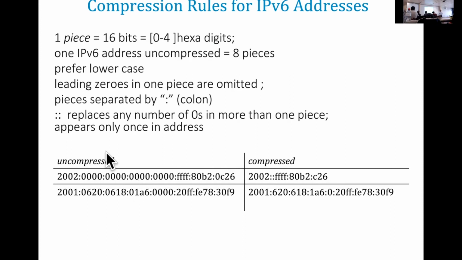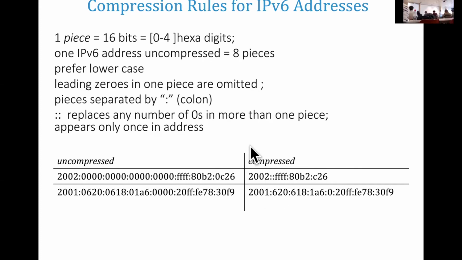Here I have 4 consecutive pieces of 0. I can replace them by this. Whenever you see this in an IPv6 address, a number of pieces that were 0 were replaced by this. So you count. Here I count 4 pieces missing. Therefore, there are 4 pieces of 0 there.